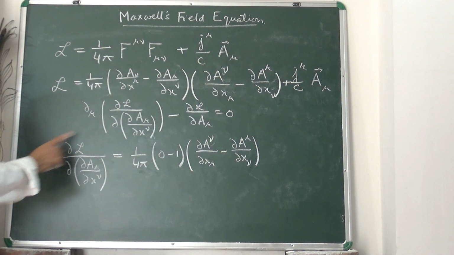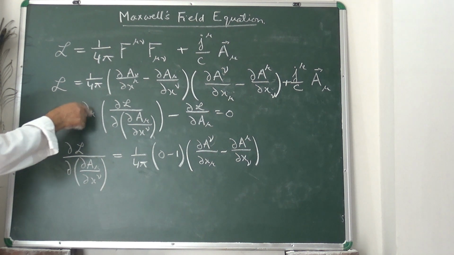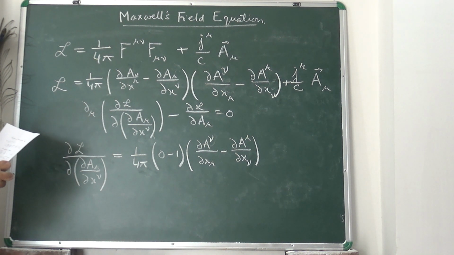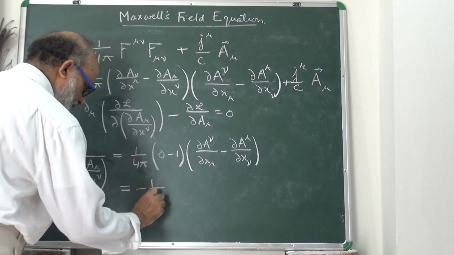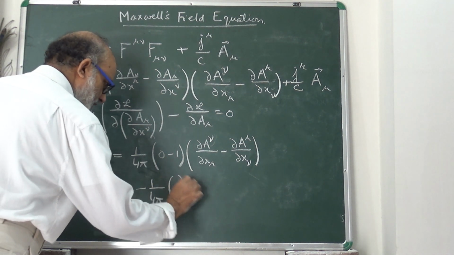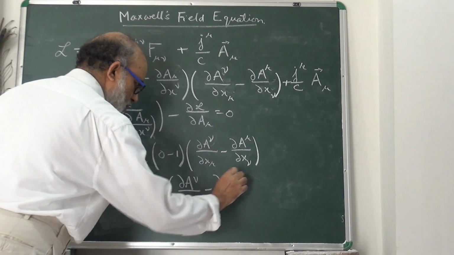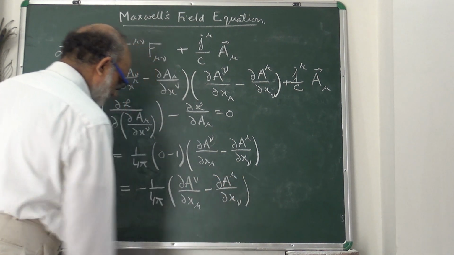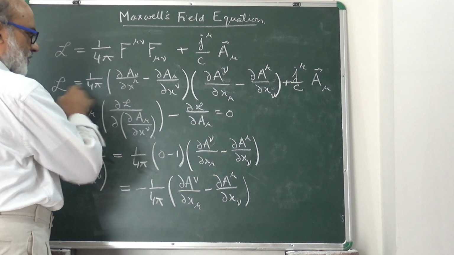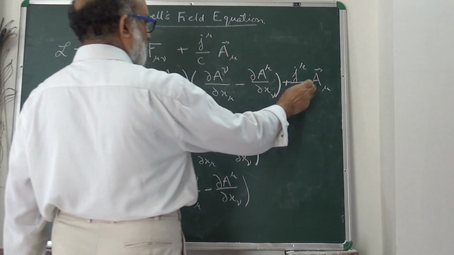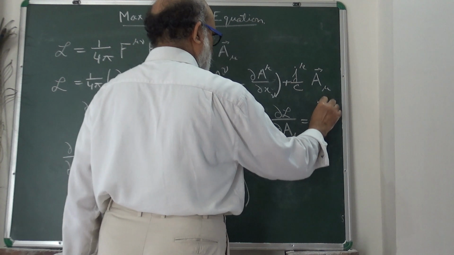Now if you again differentiate this one, because we are differentiating with respect to del by del x mu, we get 1 by 4 pi del A nu by del x mu minus del A mu by del x nu. Now the variation of L with respect to del A mu, this will be differentiated, so delta L by delta A mu will give you j mu by c.